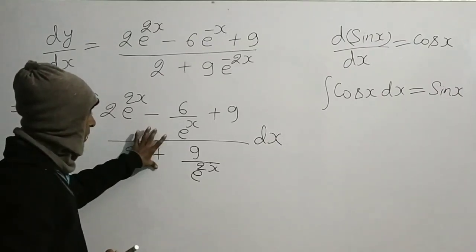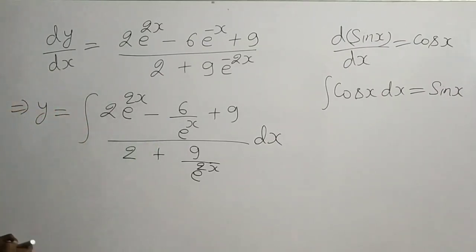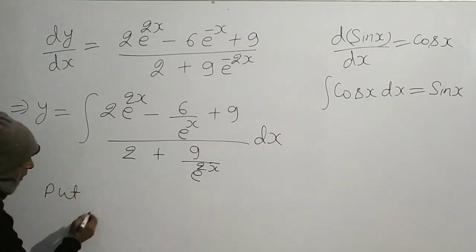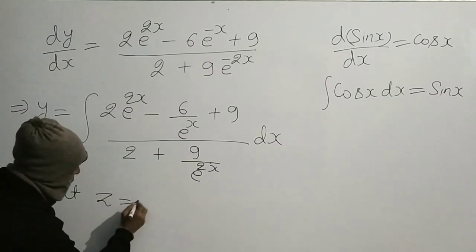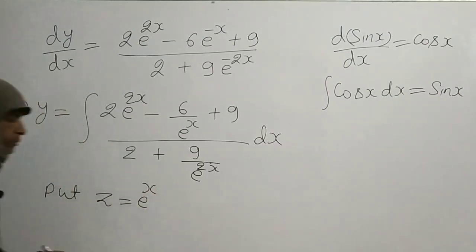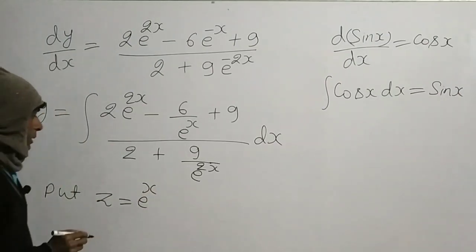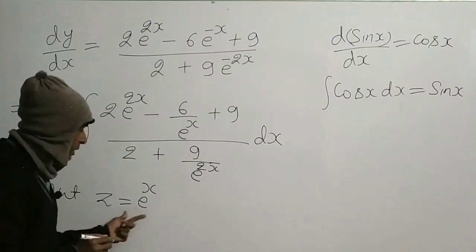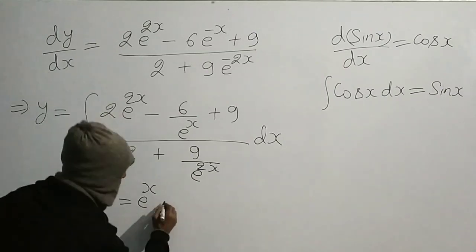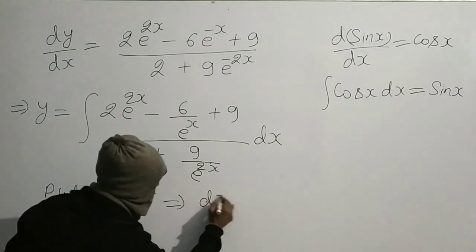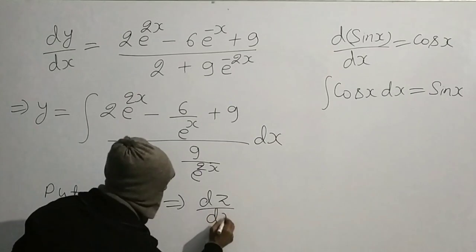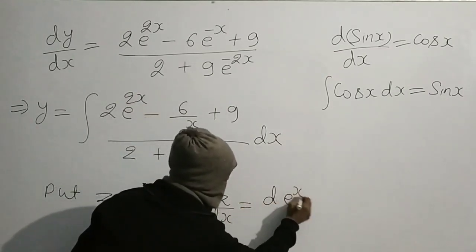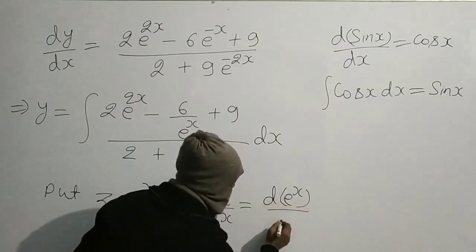Now, to integrate this function, we put z equal to e^x. And now we differentiate both sides with respect to x. This implies dz/dx will be equal to d(e^x)/dx.